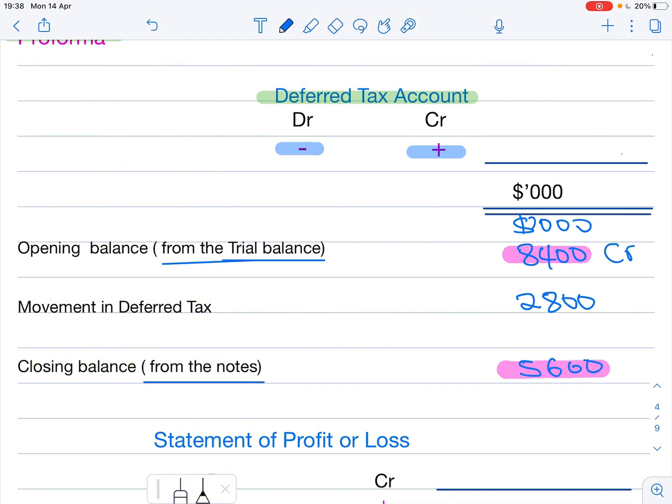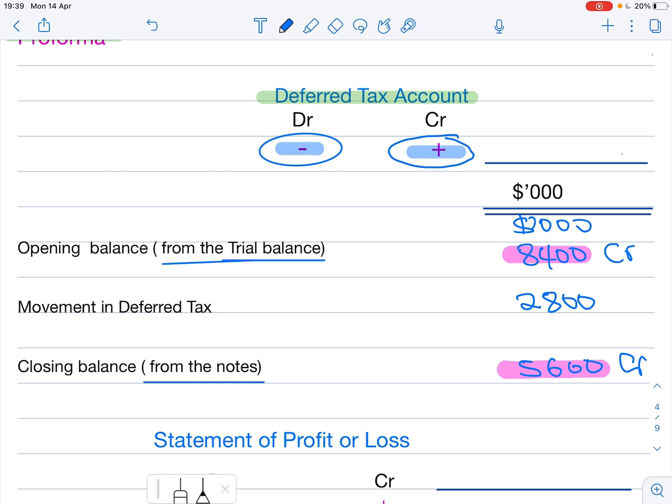We said that negative figures in the deferred tax accounts are debit balances, and positive figures are credit balances. So this 8.4, because it's a positive figure, is going to be a credit. Now this 5.6 is going to be a credit.